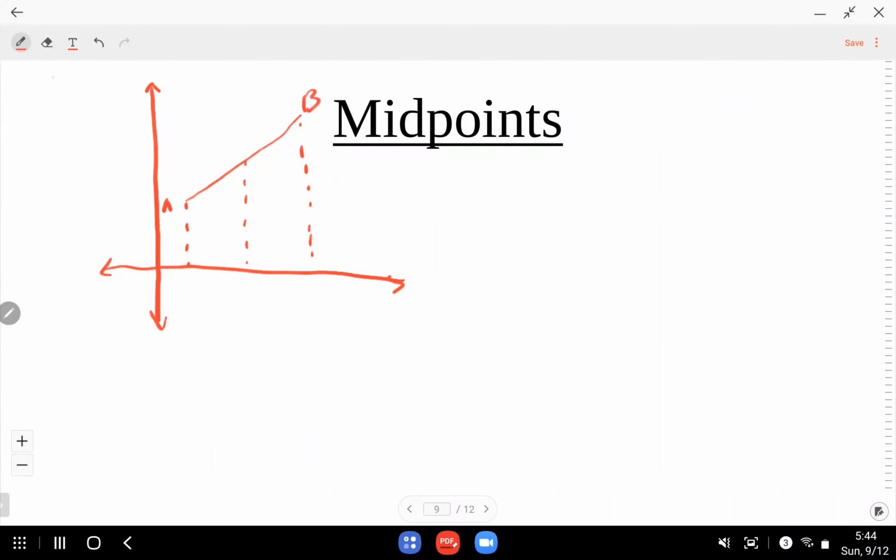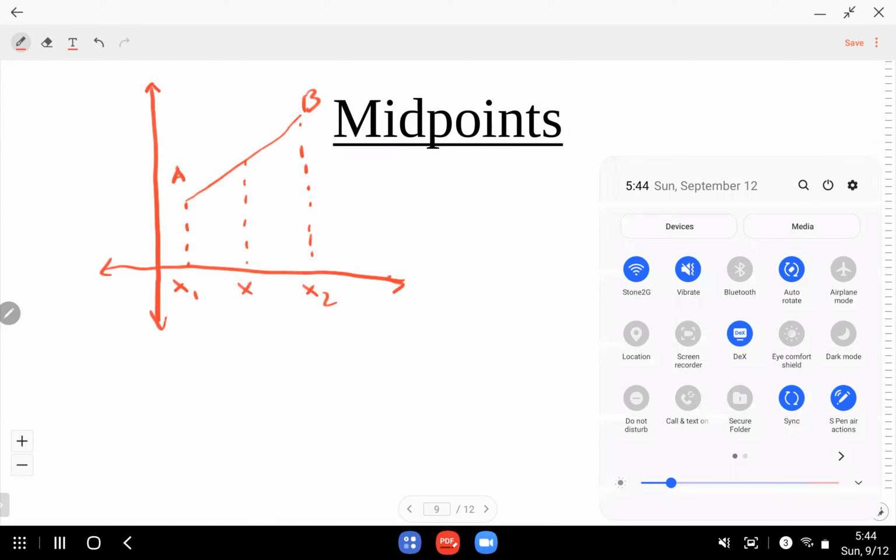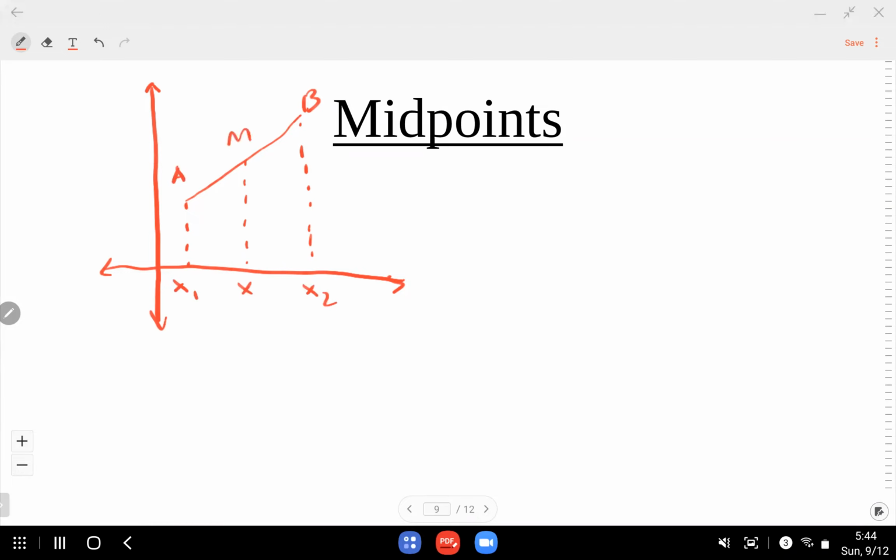Now we have A and B. Points A and B have respective x values, x1 and x2. So the x value for the midpoint would be x, all right?